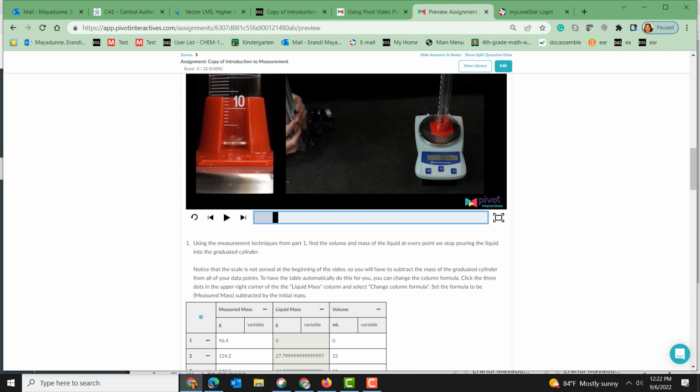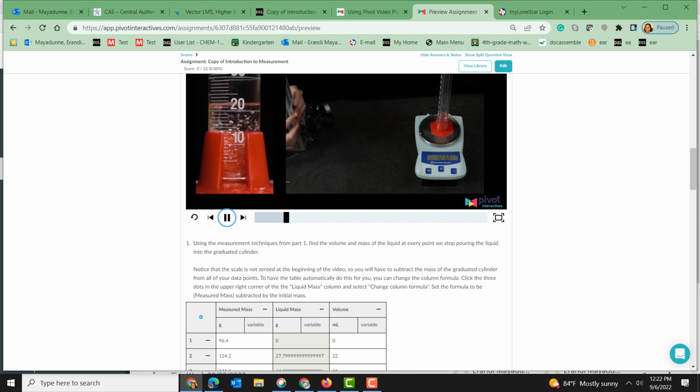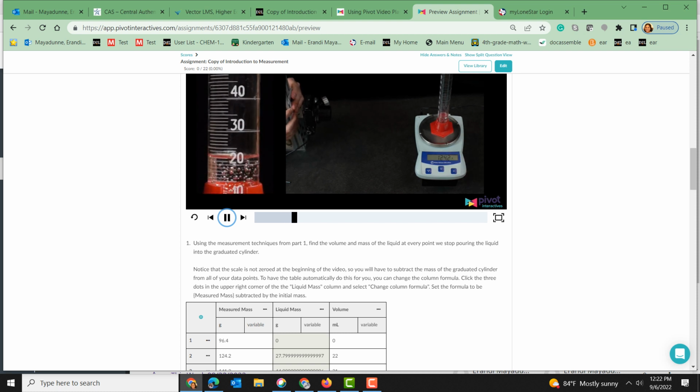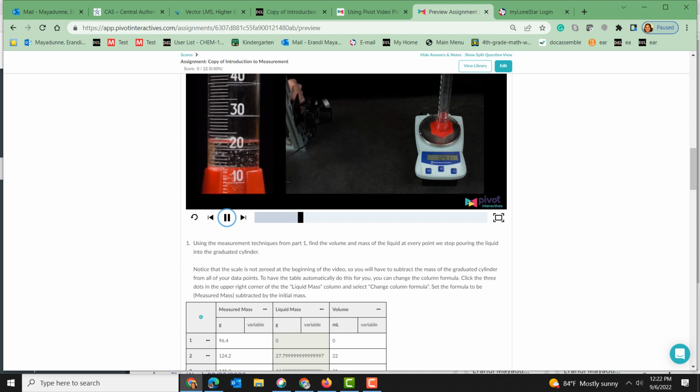If you go to the second reading, the weight is 124.2. The volume you measured from here is 22, and the total mass is 124. And how do you get the 27?